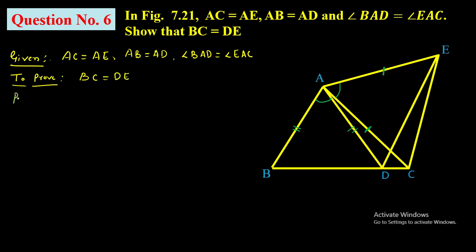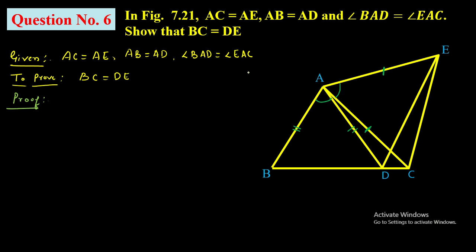Now let's try to prove it. Here, if we will see that this BC comes in the triangle ABC, and DE comes in the triangle ADE.